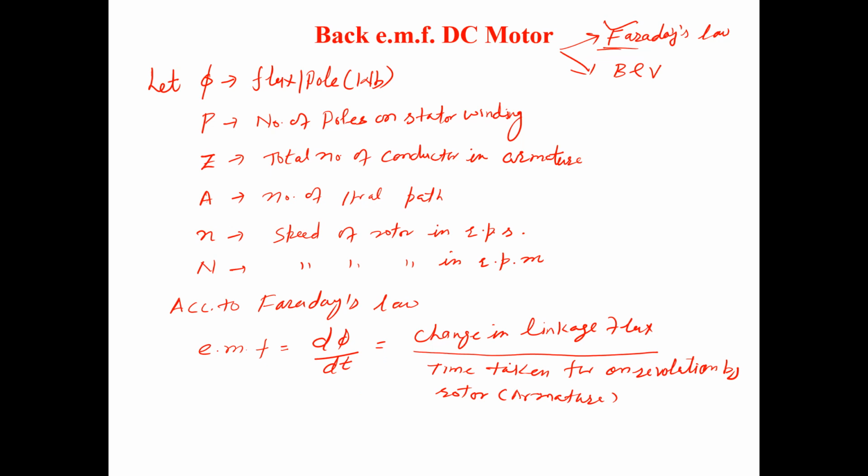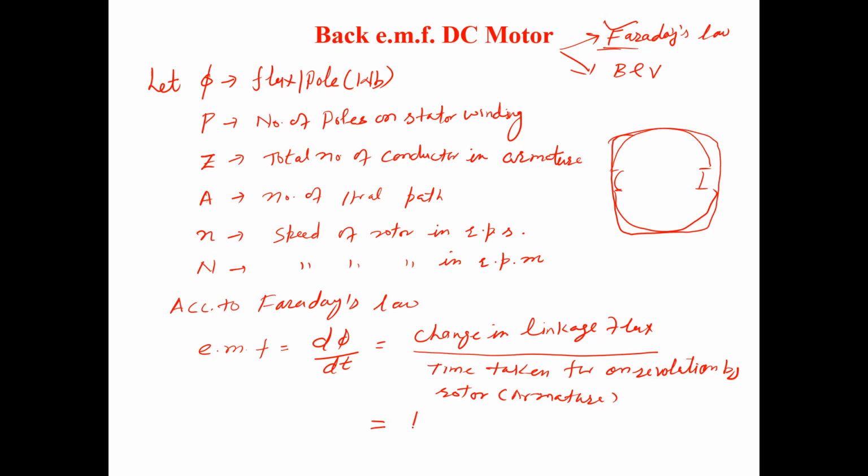What will be the change in flux? The net change in flux is the total flux, where phi is the flux per pole and P is the total number of poles. For example, if it is a 2-pole DC machine, then the flux will be 2 into phi.